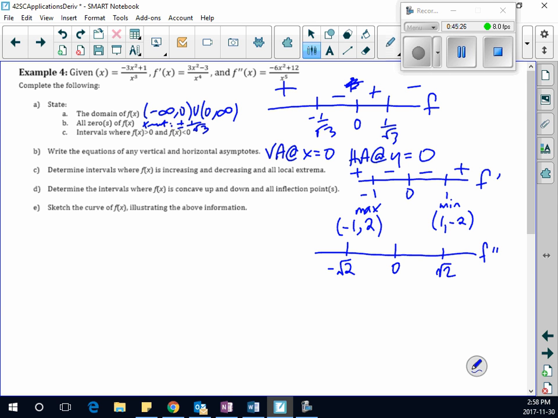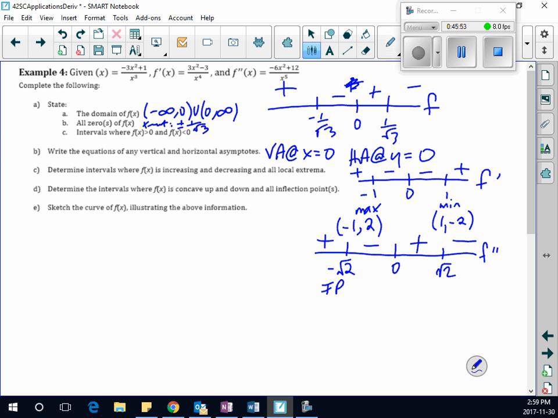Oh, but then I'll have a negative on the bottom, so then it'd be positive. And then negative 1 goes in, I'll get negative. And then 1 goes in, I'll get positive. Say 3 goes in, or you could have 2, doesn't matter. I will get negative. So I have inflection points, yes?